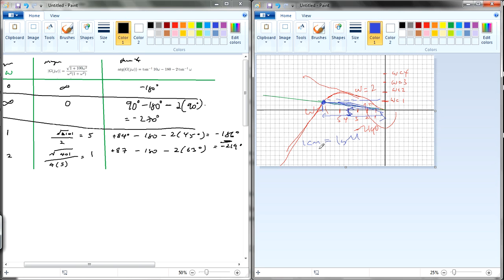And if 1 unit equals 2 grids, so 1 unit over here is 2 grids, therefore 5 units equals 10 grids equals 10 cm. You just need to know how to convert these things.